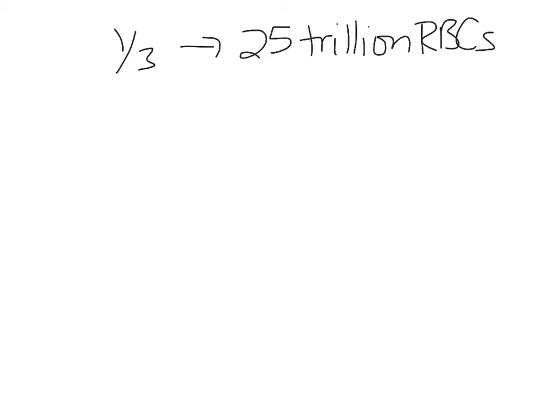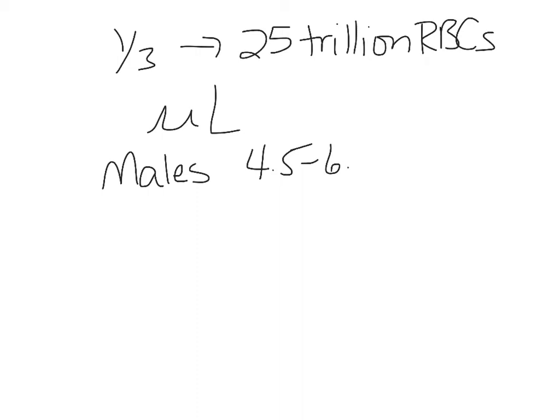So if we look at the red blood cell count, that's how many red blood cells per microliter of blood. We always look at blood in microliters to see the volume. In males, the average amount of red blood cells in blood is 4.5 to 6.3 million red blood cells per microliter, or cubic millimeter.